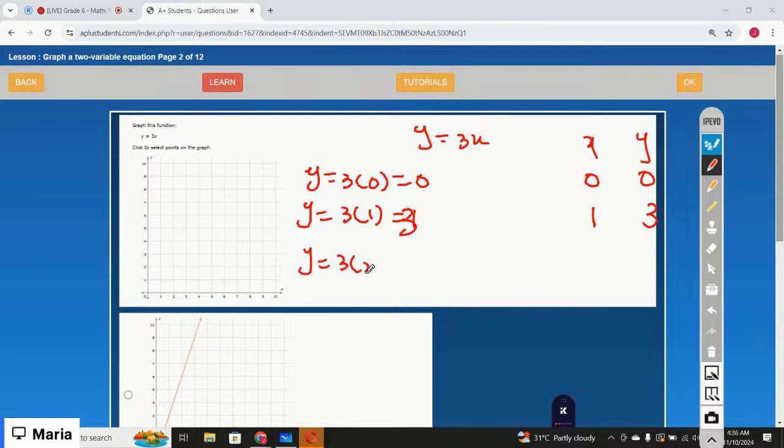X is 2, y is 6. Y equals 3 times 3. When x is 3, y is 9, right? Now just match these values with the graph.